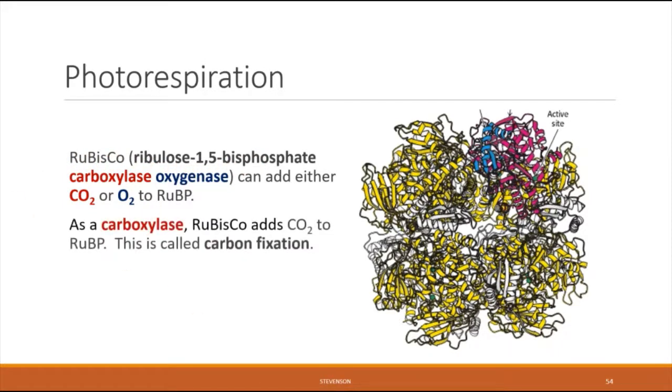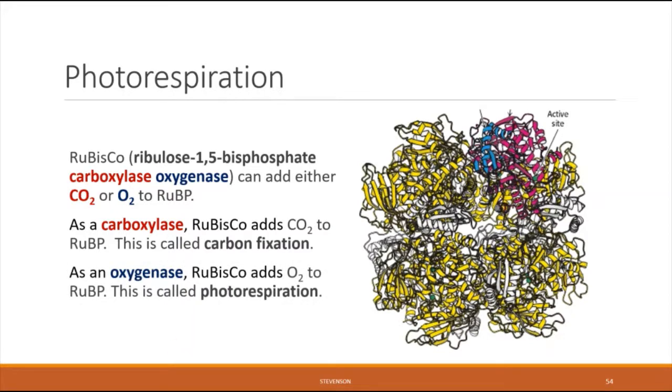So in its function as a carboxylase, Rubisco adds CO2 to RuBP in the process called carbon fixation that we just saw. As an oxygenase, Rubisco adds oxygen gas to RuBP. And this process is called photorespiration.